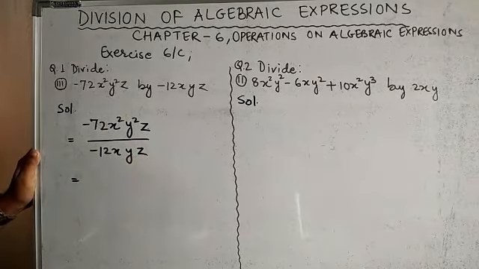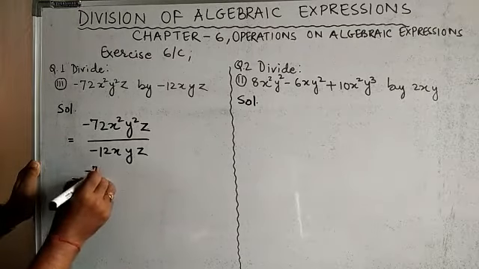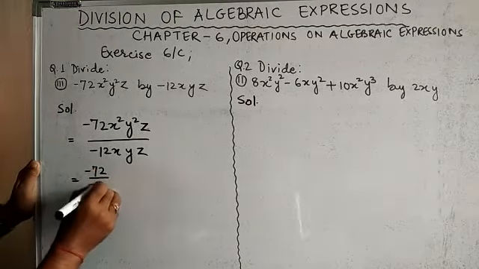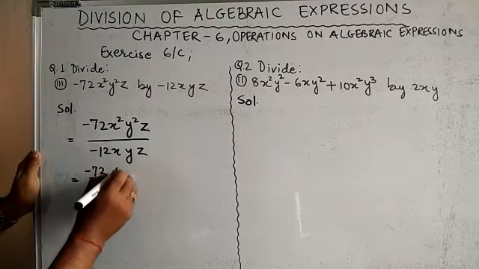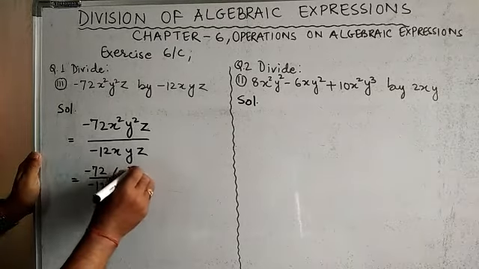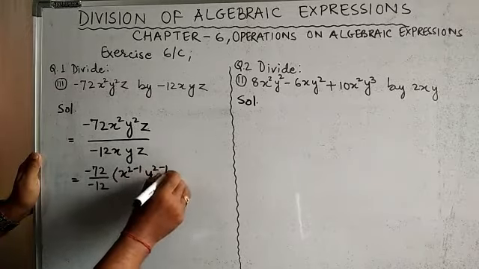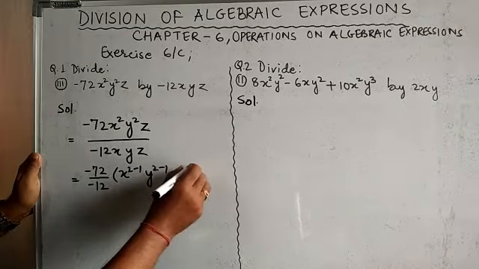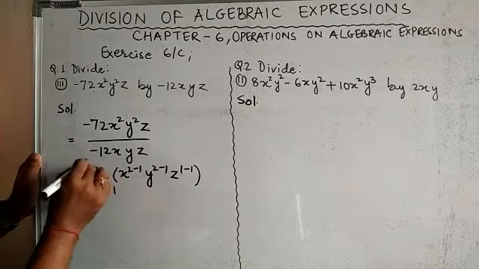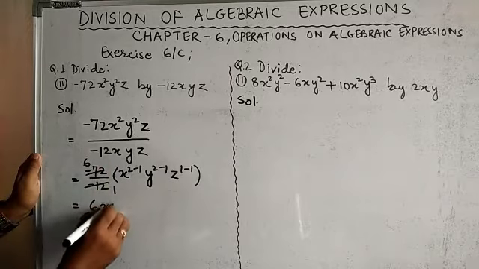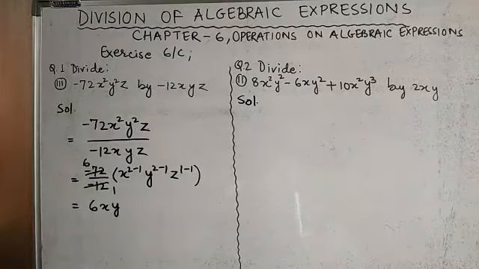In which we have to divide first the numerical coefficient and write the rest of the expression by using laws of exponent. So the answer now becomes 6xy.